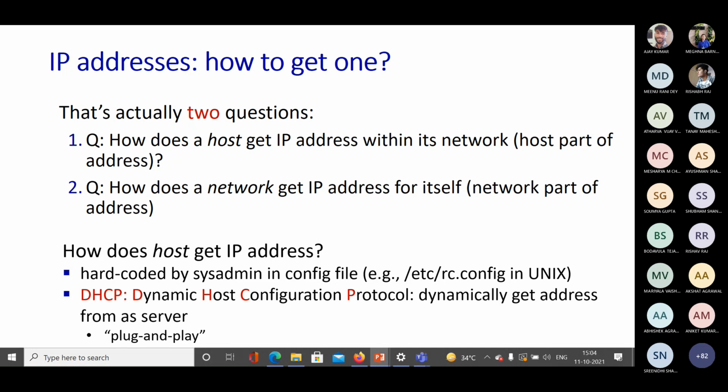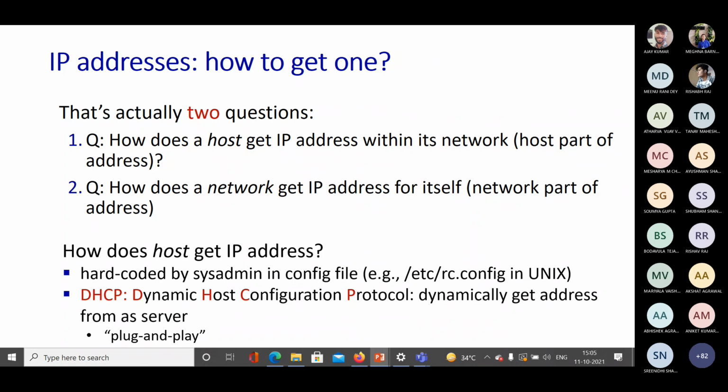Okay, so this is the case in which you are probably trying to write a small code to just examine how it works, or you are trying to just use a device for a little bit of time, and then you just want to see how the internet is working, not for a very large scale utilization. Okay, hard coding anything is not good for any large scale utilization. So we have to have some kind of a protocol which basically assigns the IP address to a particular device which is getting connected to the internet.